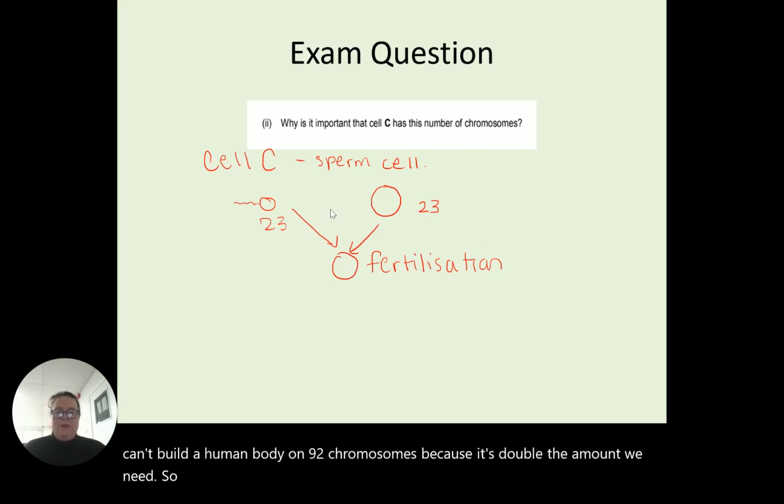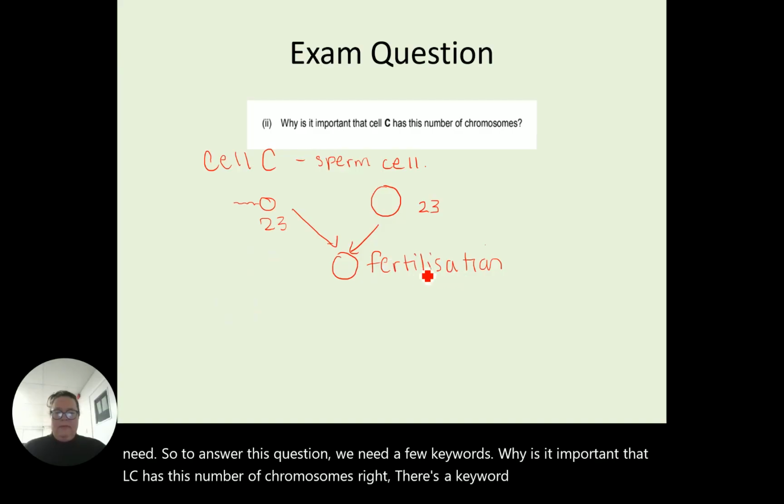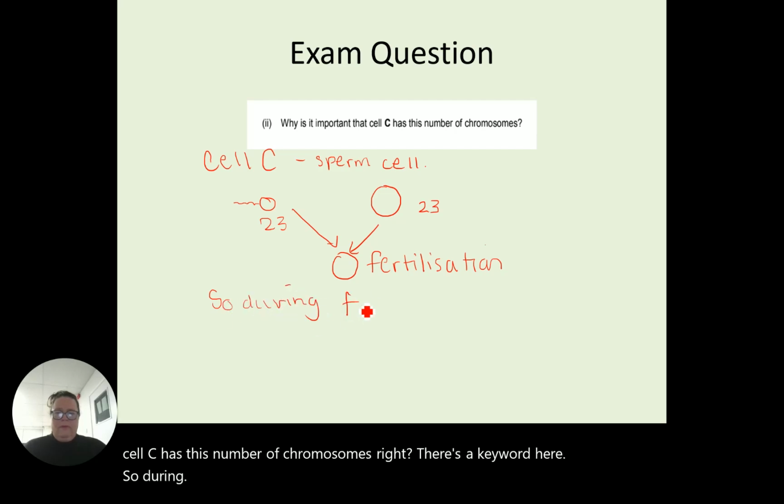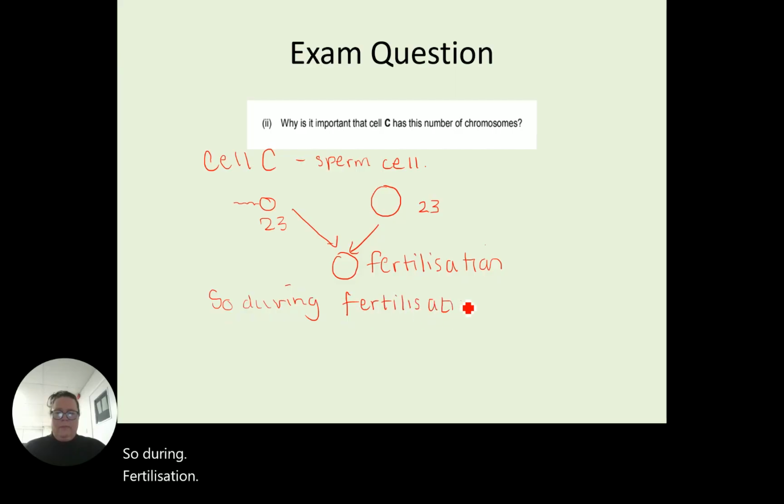So to answer this question, we need a few keywords. Why is it important that cell C has this number of chromosomes? Right, there's a keyword here. So, during fertilization, that's our first keyword there.